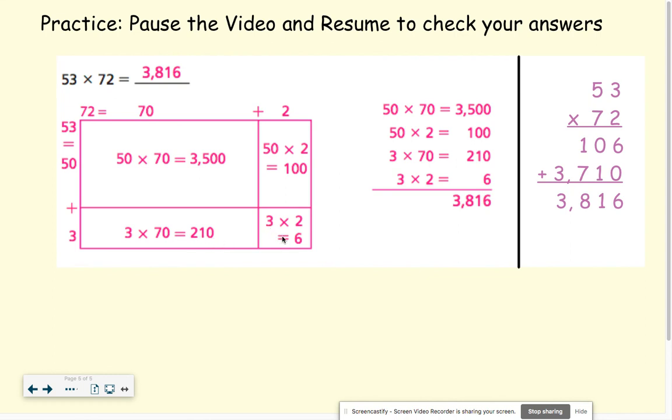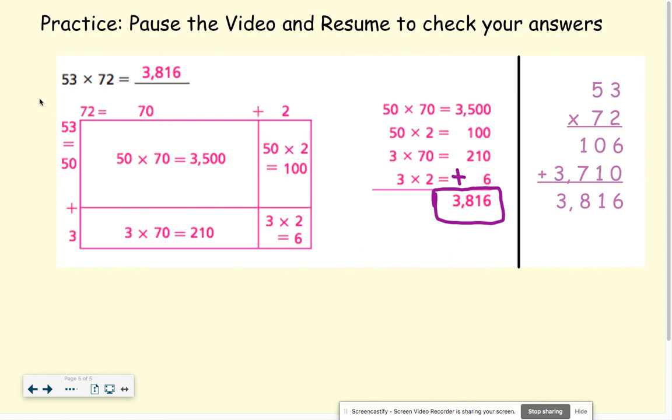And 3 times 2 is 6. If we add all of our digits together, we come up with our answer of 3,816.